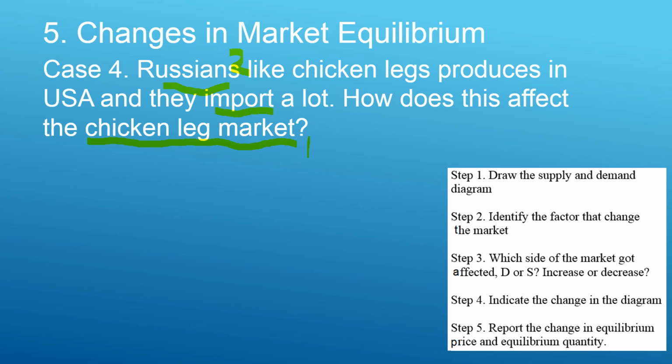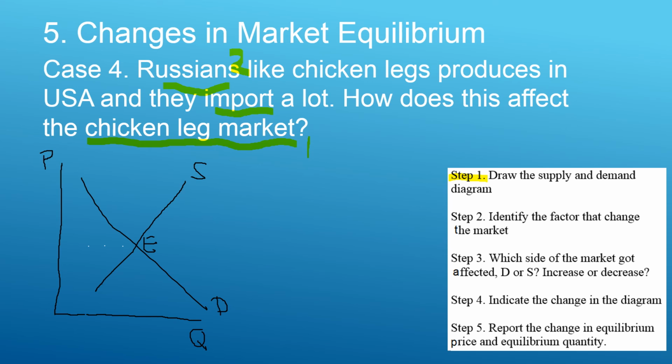Okay, now let's draw the supply and demand diagram of the chicken leg market. So we have the original one, except we need to write down the equilibrium and indicate the original equilibrium price and equilibrium quantity.